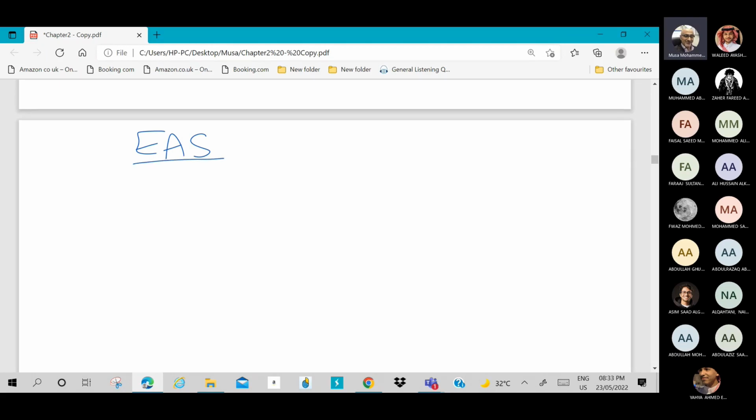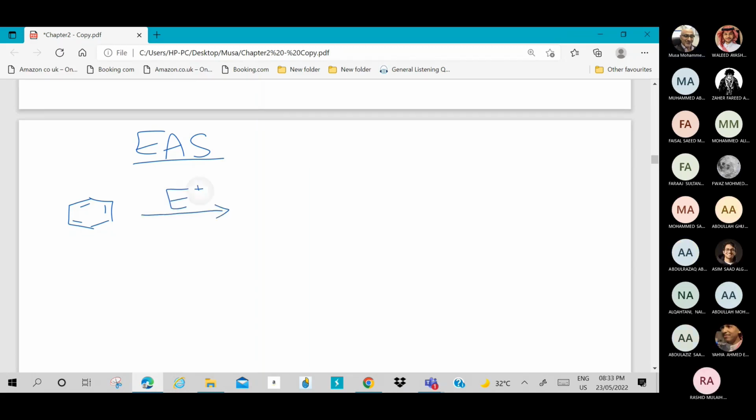substitution reactions. Now for the electrophilic aromatic substitution reactions, in general, you have a benzene ring, and it's better if this benzene ring is, of course, activated. We will come later to this part. And you need here an electrophile, and this will result in formation of the electrophile.